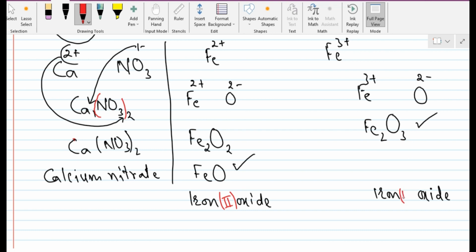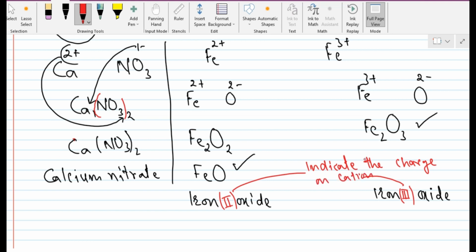And if I require this one, then it must be written Fe(III). So this Roman numeral 3 indicates what? It indicates the charge or valency or the oxidation state, whatever you say, on the ion, on the cation.